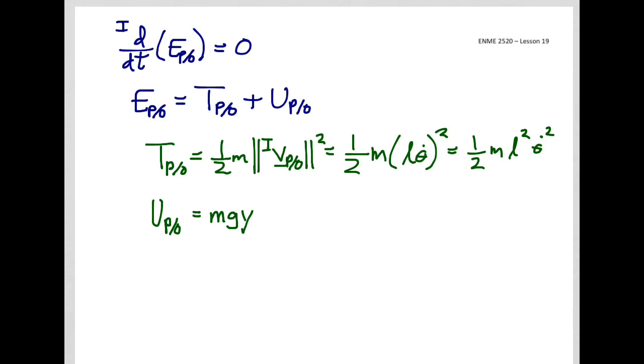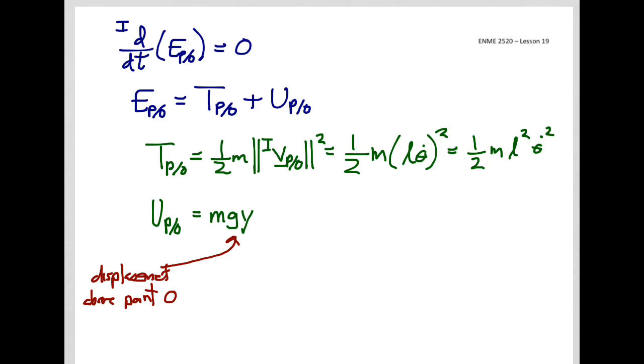It's important to note here that this y is the displacement above point O. The reason why this is point O is because we're taking everything in this system, our kinetic energy and our potential energy, using O as our reference point, O being an inertially fixed point.